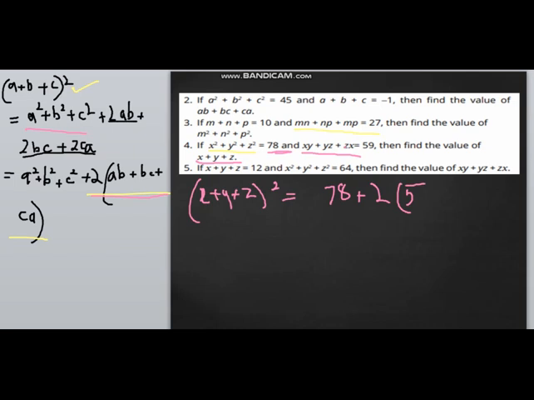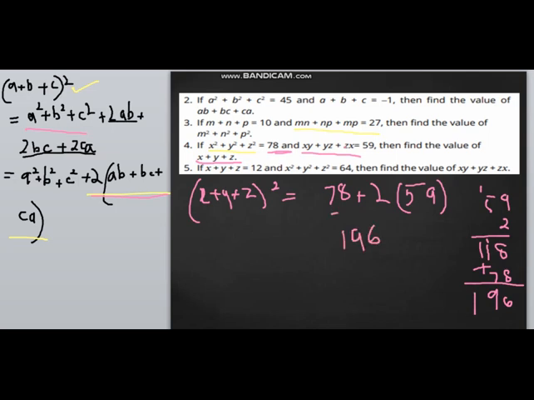2 times 59. What is 2 times 59? Let's find out. So 59 times 2. This makes 18, and 2 times 5 is 10, and 1 more makes 11. 118. 118 plus 78. 8 plus 8 is 16. 7 plus 1 is 8, and 1 more is 9. 196.